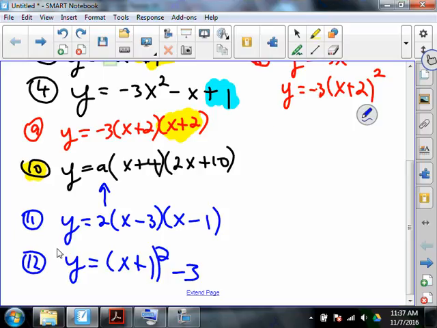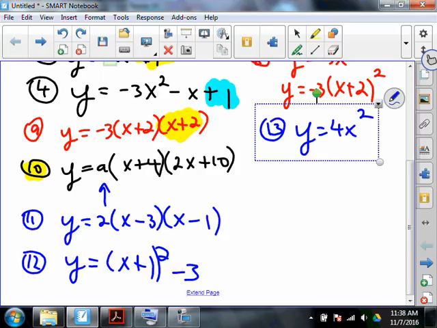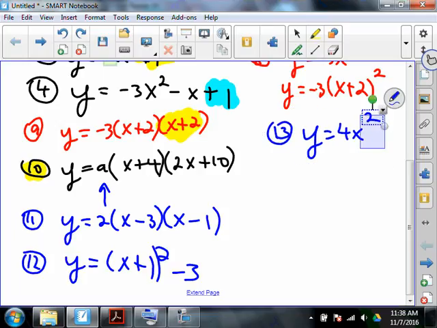Question 13 is going to be something like y equals 4x squared. Of course, the vertex is the origin. Maybe it'll be -4x squared, so just notice whether or not it's a reflection. If it's a reflection and the vertex is the origin, you'll be in good shape on that one. 14 is a lot like 13.